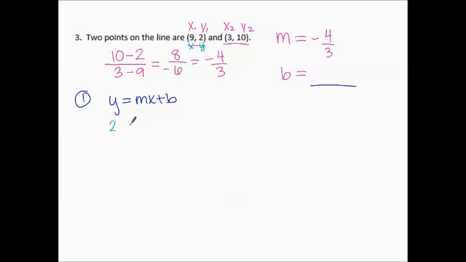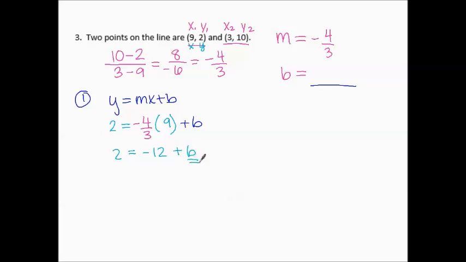So my y is 2 equals, my m I just found out is -4/3. My x coordinate is 9 plus b. 2 is equal to, when I type this in on my calculator, I get -12 plus b.